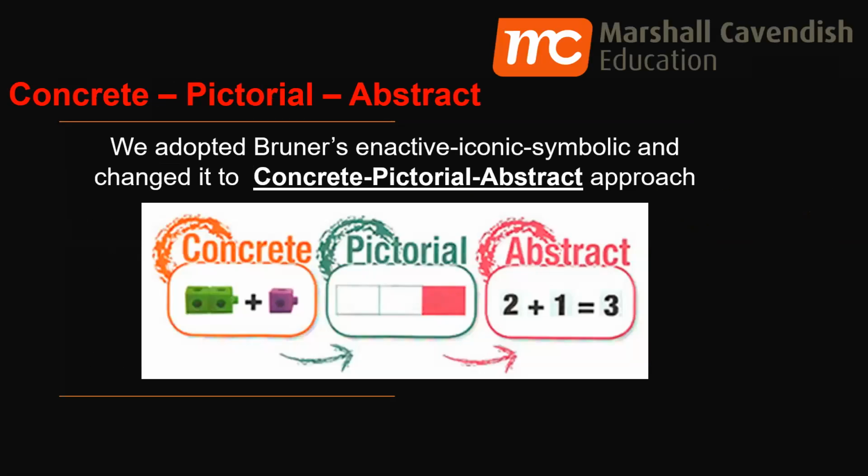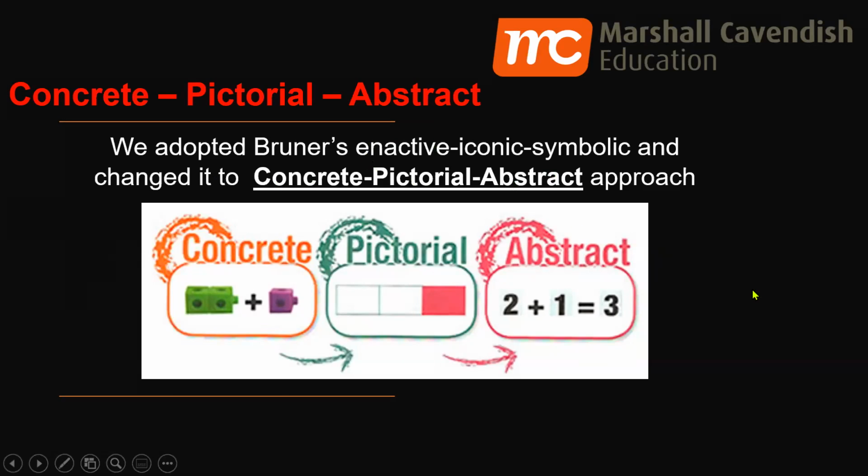So let's start with the first one, the concrete pictorial abstract. What we do is we actually borrow Jerome Bruner's enactive, iconic, symbolic approach to learning. This is the original definition, the one that we coined as concrete pictorial abstract, adopted from Bruner's enactive, iconic, symbolic.